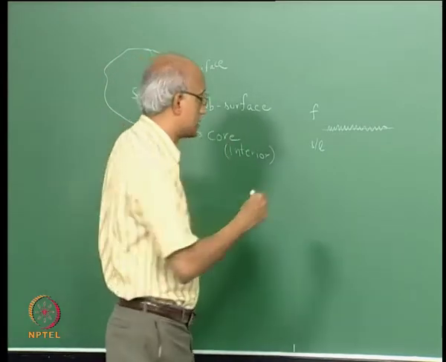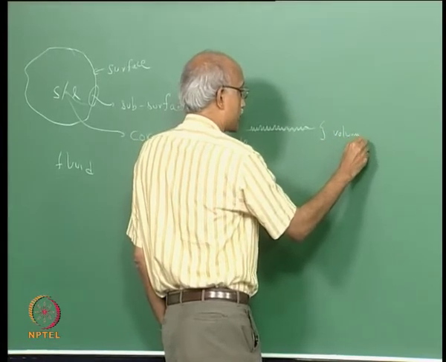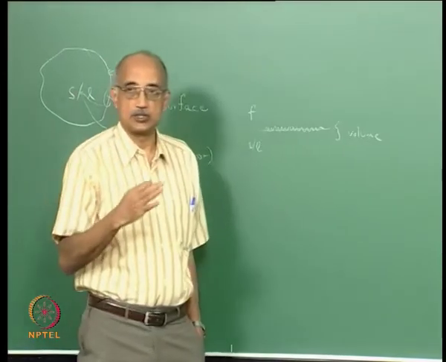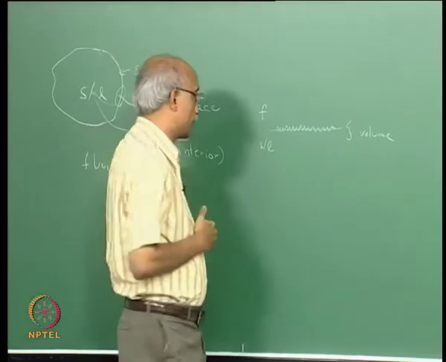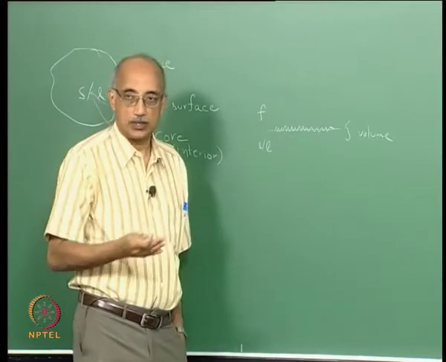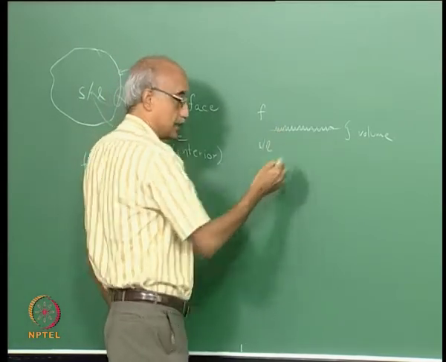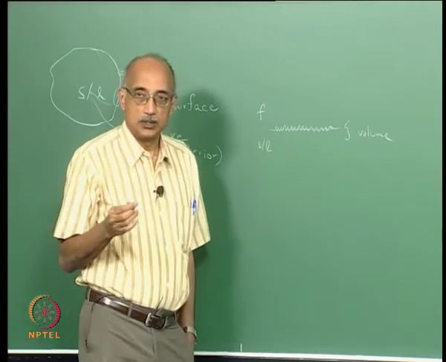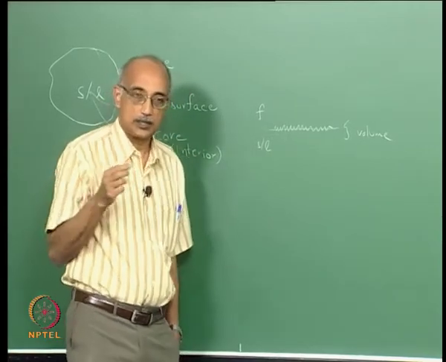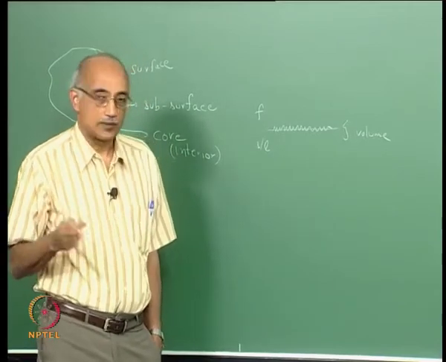So, what that means is this interface is now actually a volume, because it has three dimensions to it. So, for example, if you have let us say a liquid that is in contact with the particle, the way that it actually encounters and interfaces with the particle is going to be different depending on the actual location on the surface where the contact or the interaction happens.